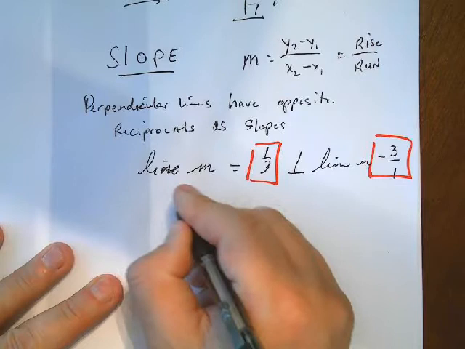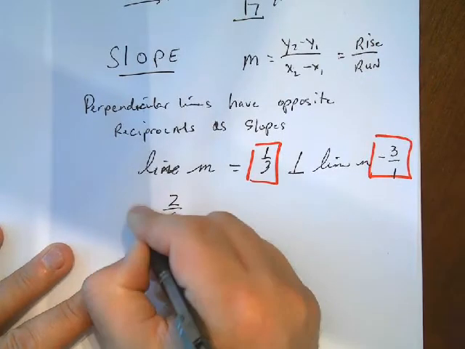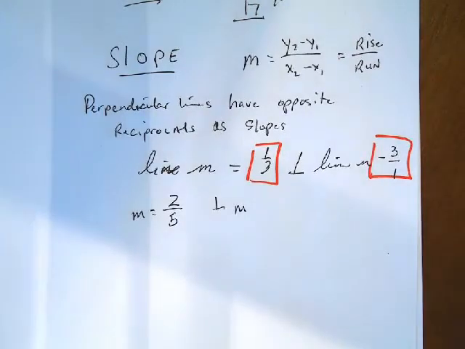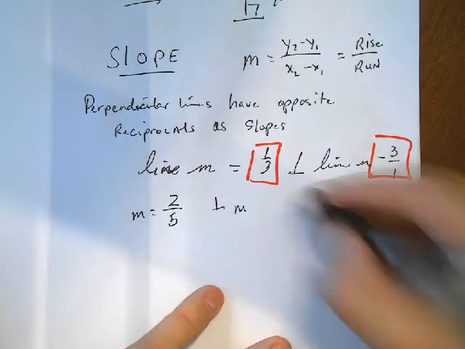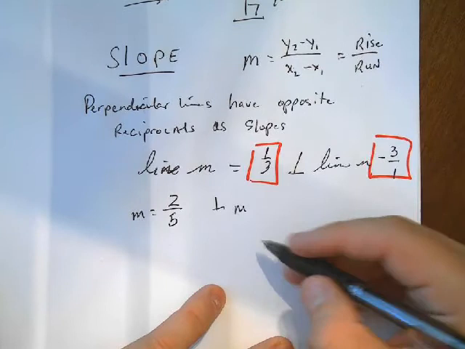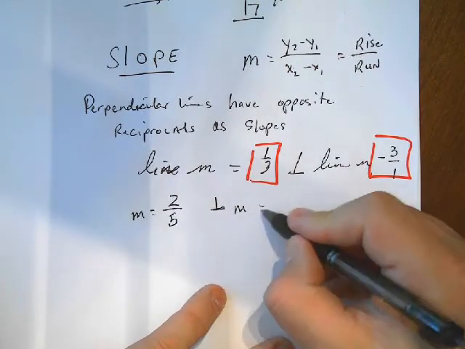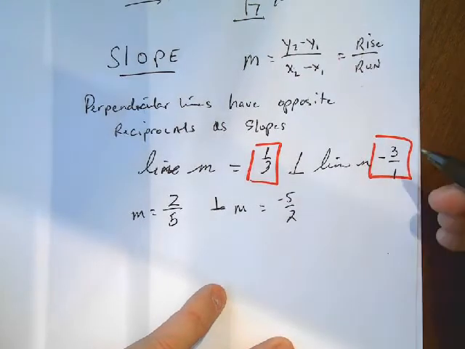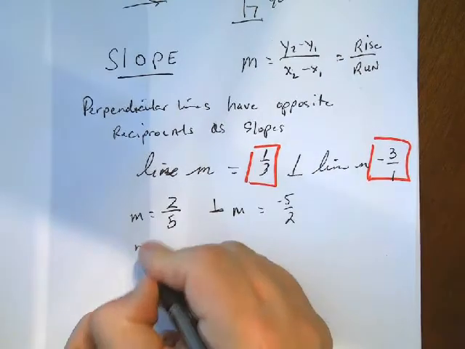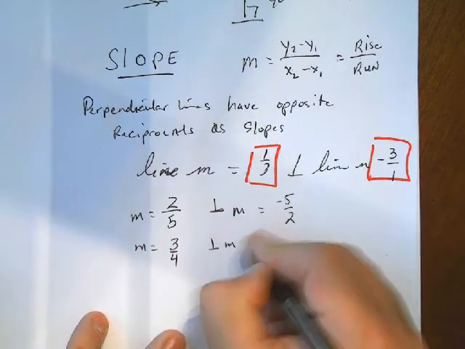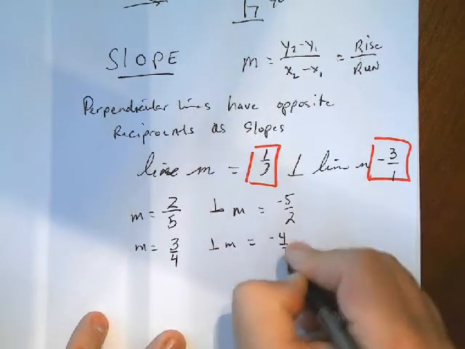Let's just throw some numbers up there. Let's say I have 2/5 for a slope. We would be doing this in class if I had you call on you, but I want you to just think through this with me right now. If that's 2/5, then the perpendicular slope has to be -5/2. If the slope is 3/4, then the perpendicular slope is -4/3.